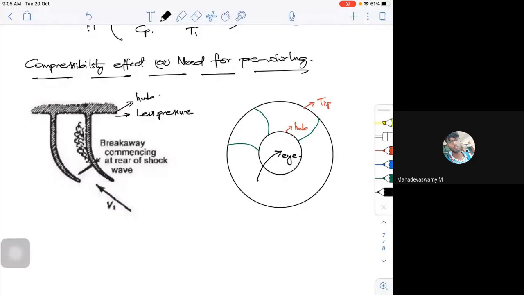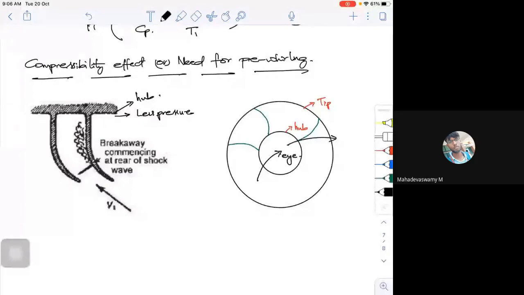Because of the suction action, the water or air tries to come from all directions, and there is every possibility of the formation of a shock.